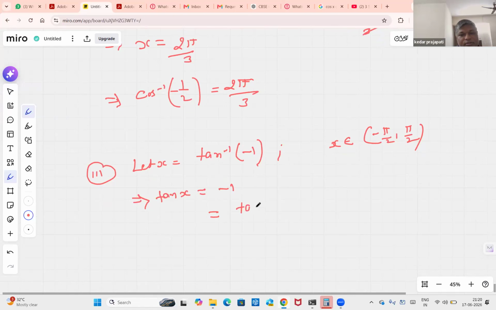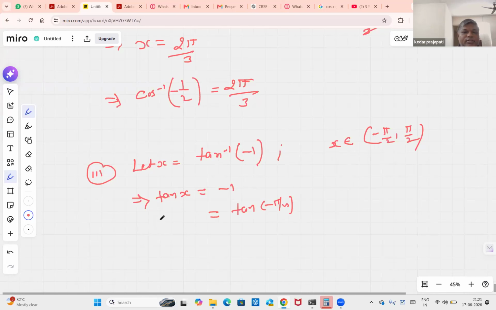Which angle gives minus 1? Tan of minus pi by 4.